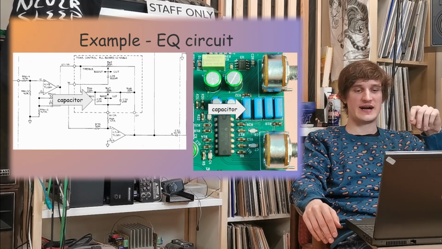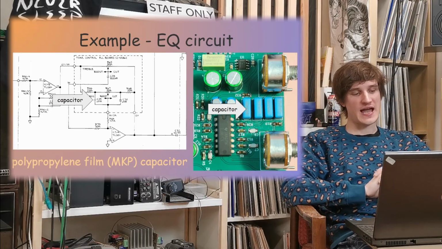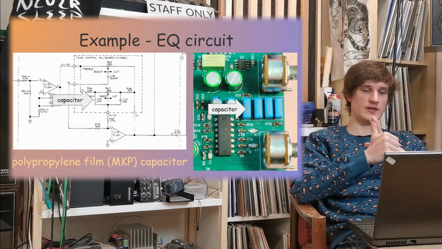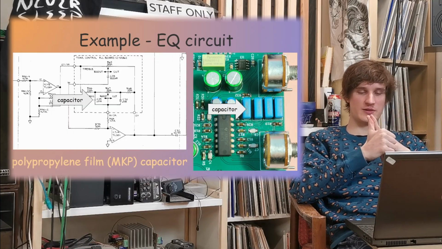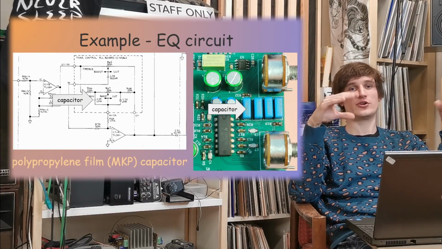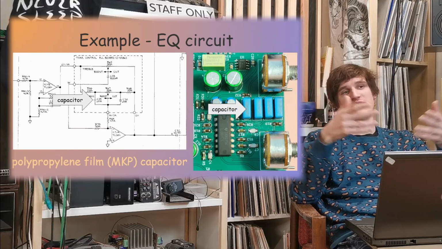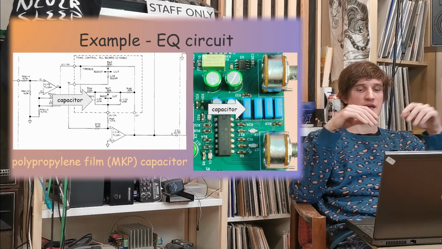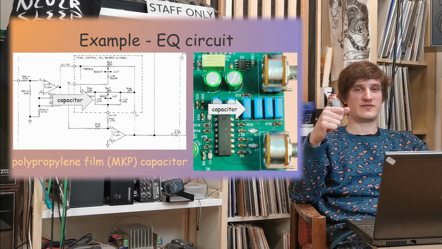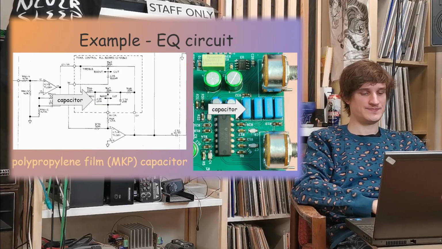And here I went with a polypropylene film capacitor, MKP. I went with it because, first of all, it's very stable. Also it's not nonlinear. It doesn't cause signal distortion, or a very small amount compared to other types. And polypropylene film capacitors are available in tight tolerances, and this is also important.